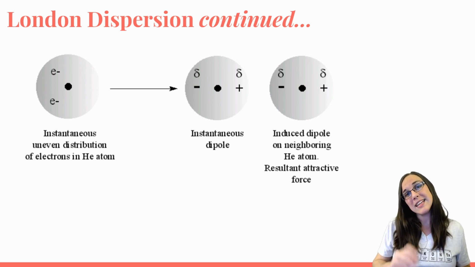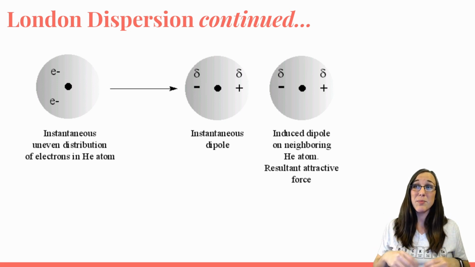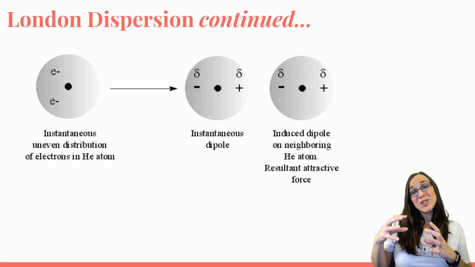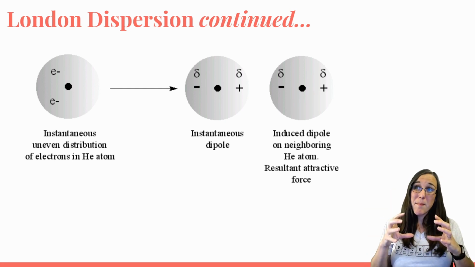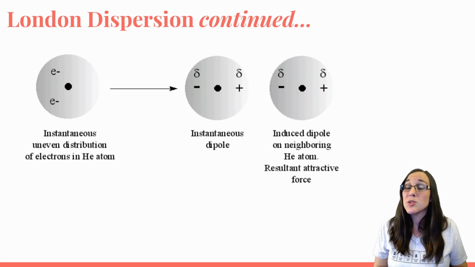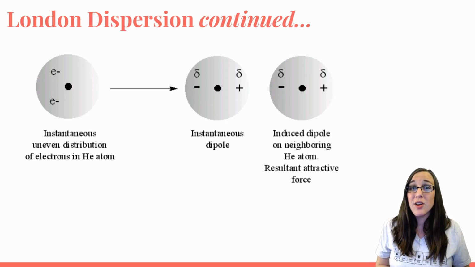So it's only an instantaneous change where the electrons shift but then go back to equilibrium, or equal sharing. They might bump over to unequal sharing for a split second but then bump back over to equal sharing. This is called an instantaneous dipole, and this is what causes London dispersion to occur between those fat molecules, which are primarily made of nonpolar carbon-hydrogen bonds.